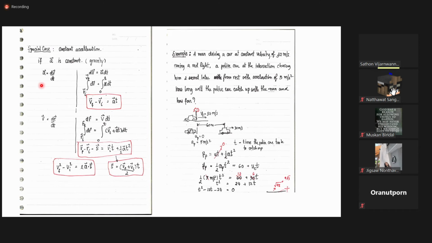In that case, when we say that A is constant, for example, if A is gravity, in case of gravity, A is minus g k.